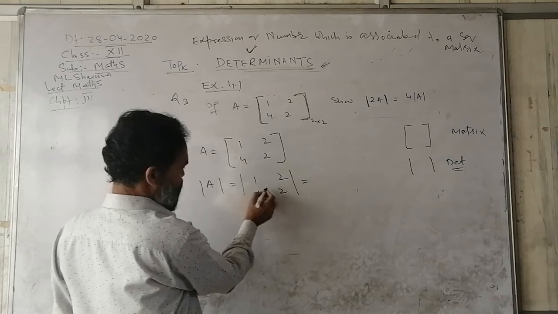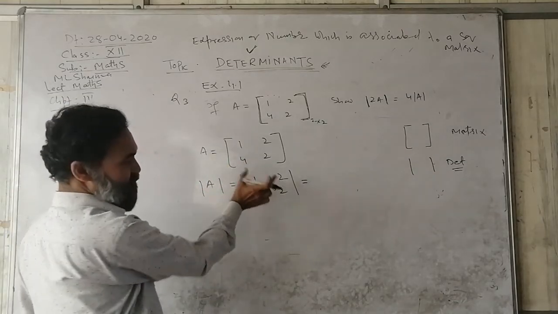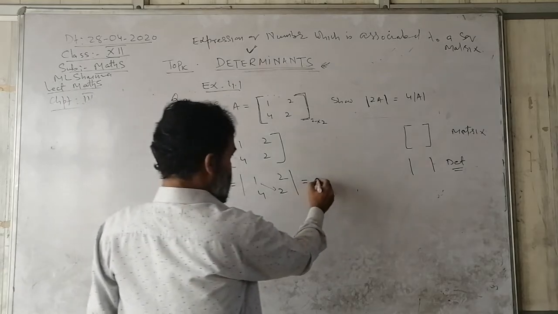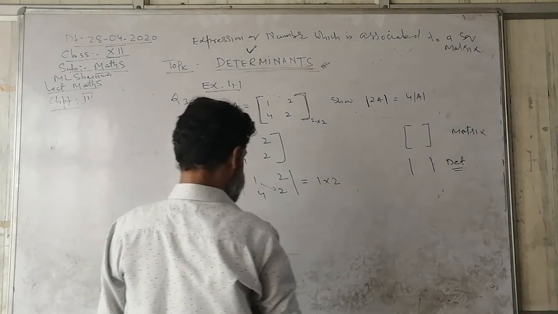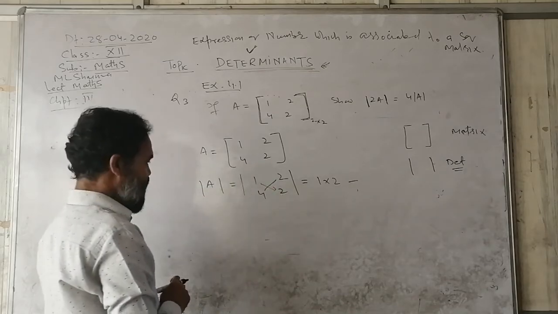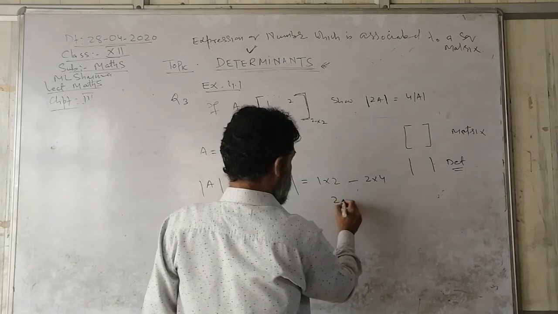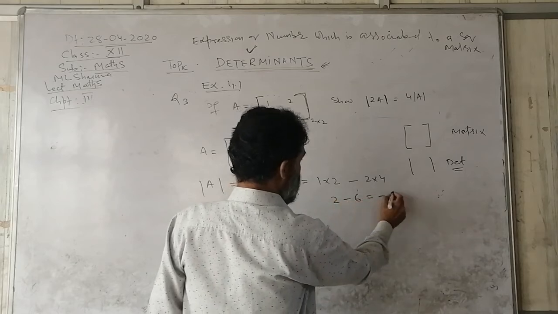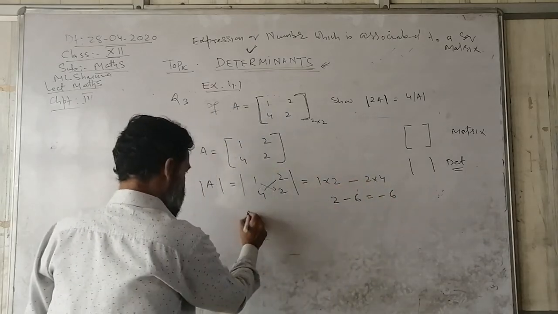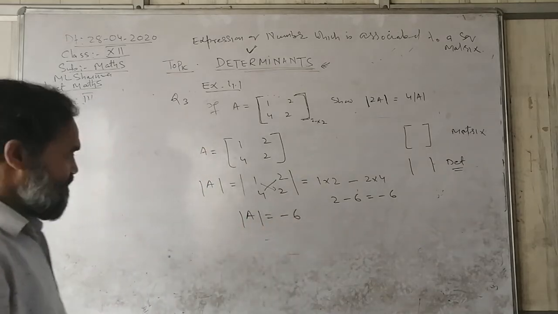I will multiply these two elements lying on the principal diagonal, so it will be 1 into 2, minus the reverse diagonal elements, 2 into 4. So I will have the value minus 6. So the determinant of A comes to be minus 6.